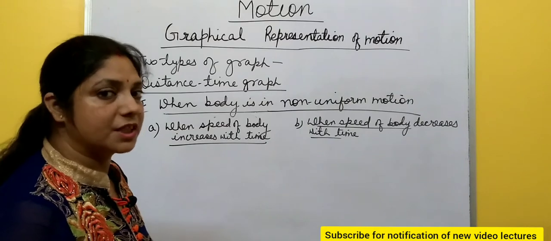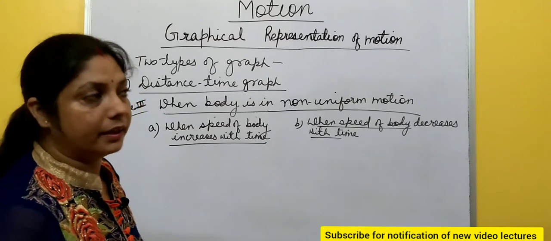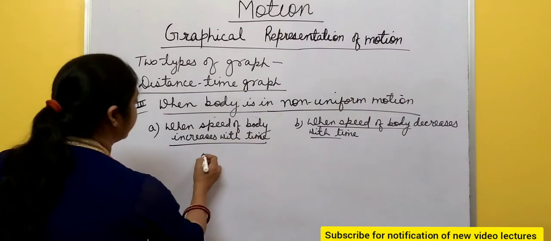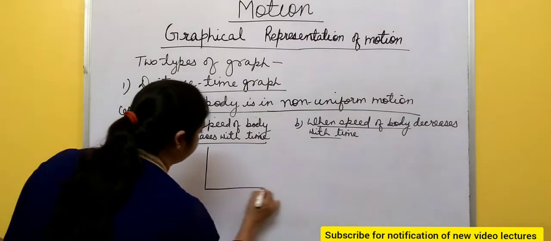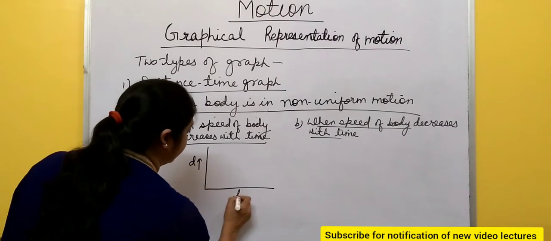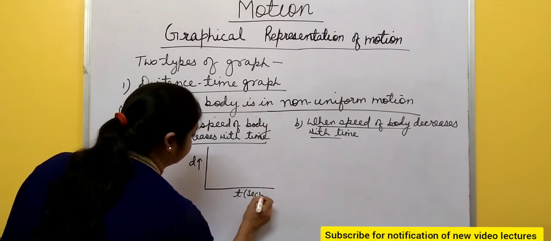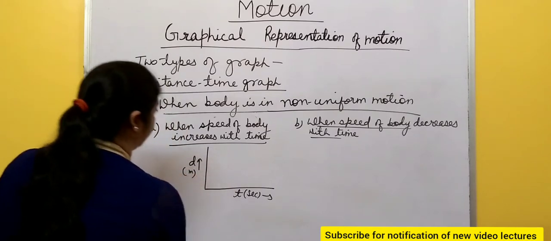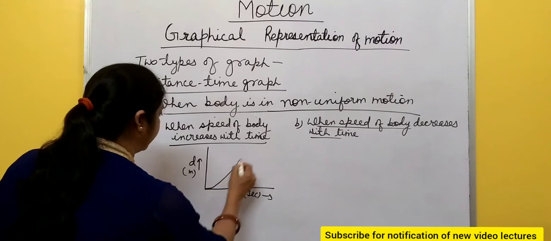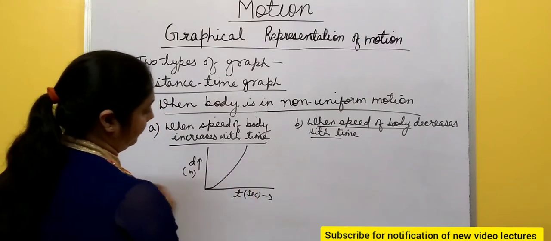Here the speed may increase or it may decrease, right? So in this case, when the speed of body increases with time, the graph is like this one. This side is distance in meter, this side is time in second. When the speed of the body increases with time, the slope is like this one, right?